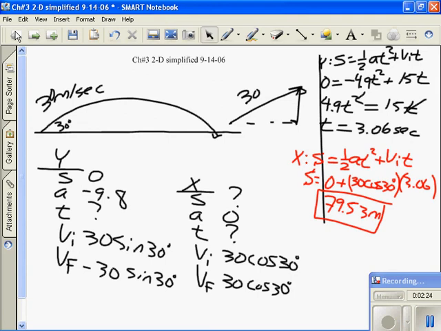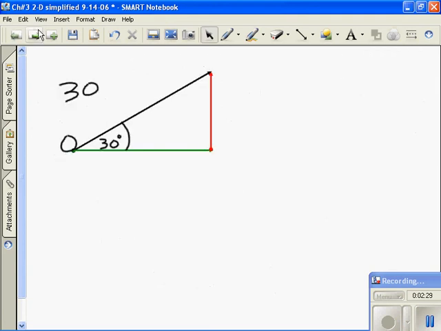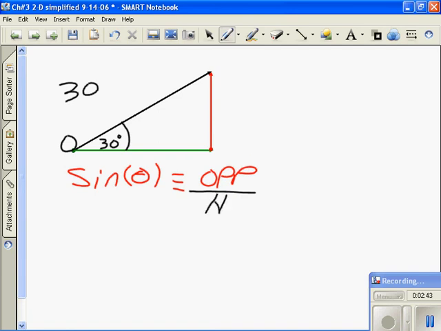So my starting velocity, I'm telling you, is 30 sine of 30, but let's go back to our other page here and see if we can kind of look at that. Yesterday we discussed that the sine of the angle is by definition the length of the opposite leg over the hypotenuse, which in our particular case here is my starting velocity in the y direction.